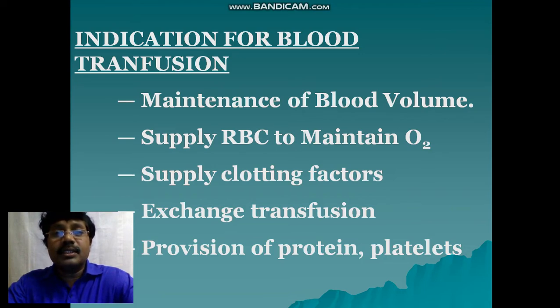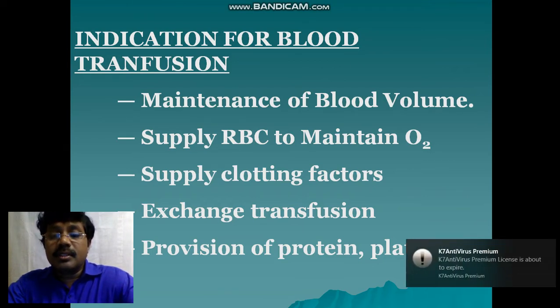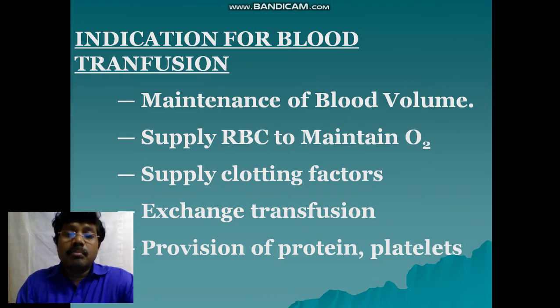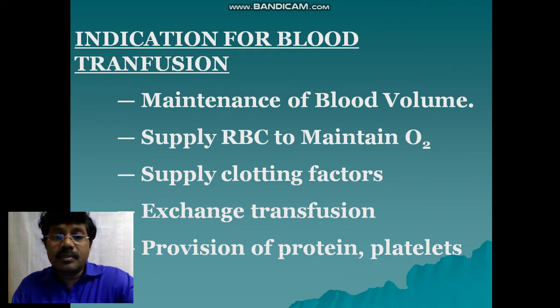In order to increase oxygenation, you need to give RBCs, so the supply of RBC is also a type of blood transfusion. And some patients may have a clotting disorder. In order to prevent bleeding, they require blood transfusion with clotting factors.